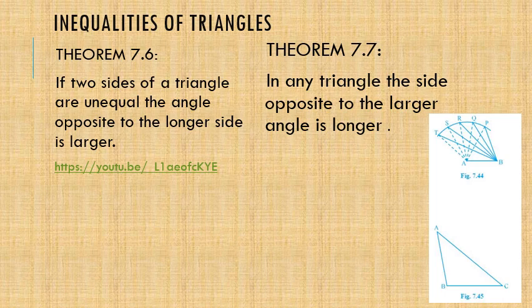So if you increase the angle A, the sides BT, BS, BR, BQ, BP are increasing. But if you reduce the angle, then the sides are getting reduced. If you increase the angle, the sides are getting longer.